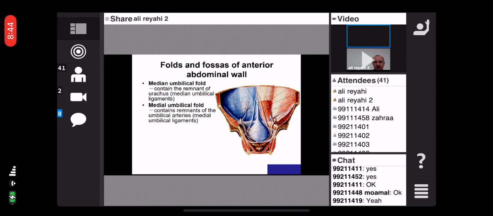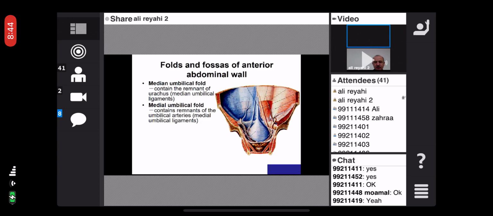What is the urachus? In the embryonic period, the urachus connects the urinary bladder to the umbilicus. Attention please, this space is the pelvis and this is the urinary bladder, and the apex of the bladder connects to the umbilicus by the remnant of the urachus.